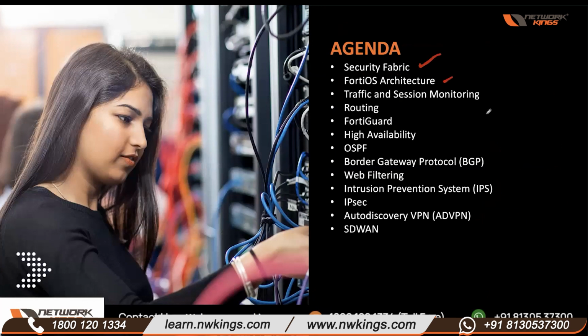Security Fabric, architecture, session monitoring, that is the logs and all, routing, FortiGuard is a new addition, HA, OSPF, BGP routing, web filtering, IPS, these are all UTMs, and VPN. There is one additional VPN here, AD VPN. SD-WAN is also in the NSE4, correct?